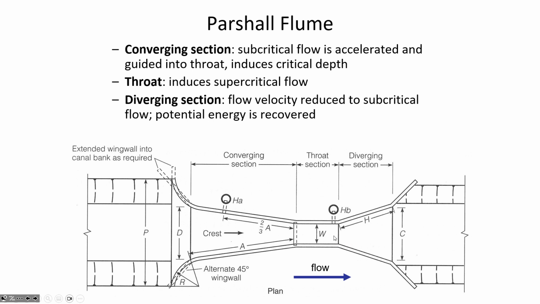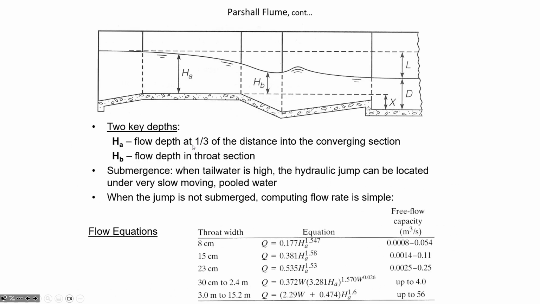Then in the diverging section, the flow is decelerating again as the channel width increases. What they're measuring is the depth of the water in the throat and in the converging section, to try and know whether or not there is a submerged hydraulic jump.